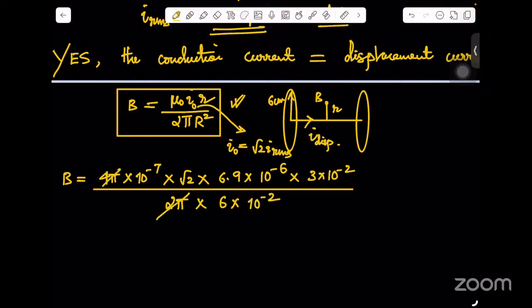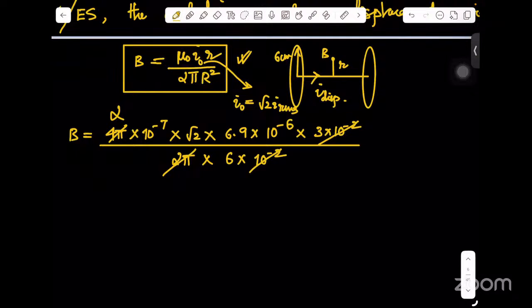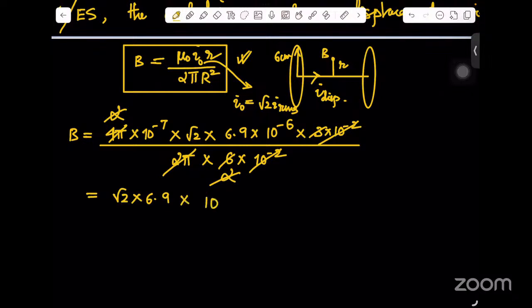We do the cancellations. This is 2, and these two are cancelled. And this is again 2, this 2 cancels. So you will be left with root 2 into 6.9 into 10 raised power minus 13.